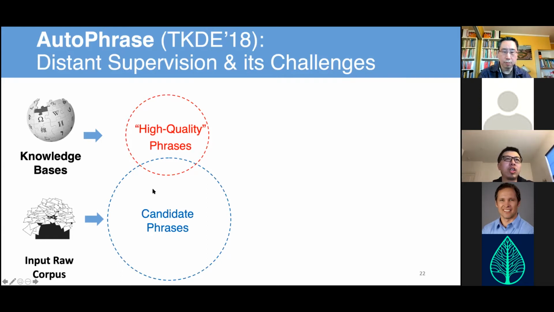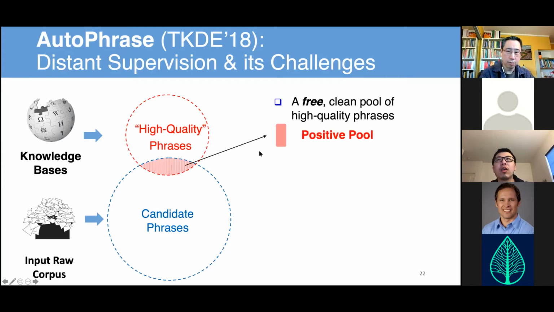And you can get the candidate phrases from the input raw corpus using frequent n-gram mining or whatever preprocessing like DPE. By taking the intersection, you will get a free, clean pool of high quality phrases. They form your positive pool.